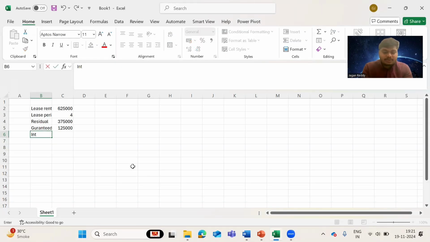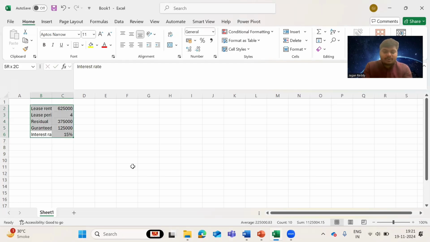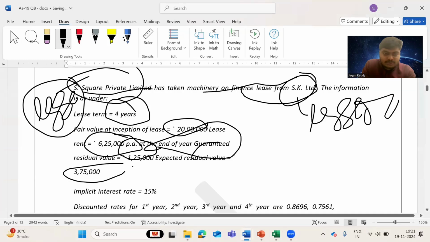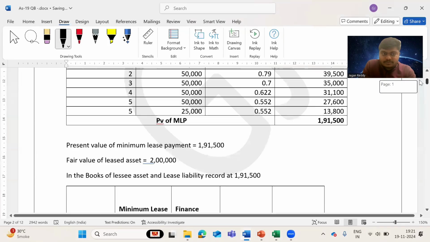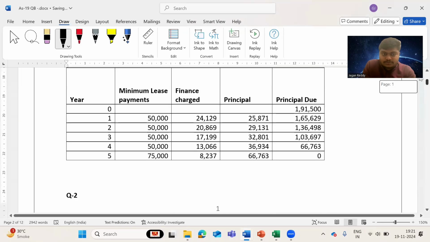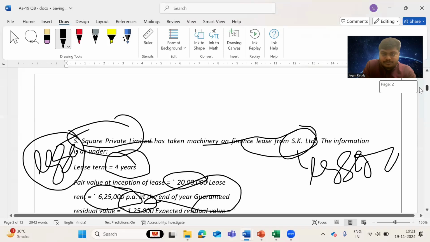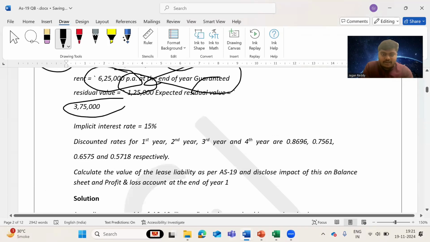Interest rate is 15%. Discount rates are given. What is asked?